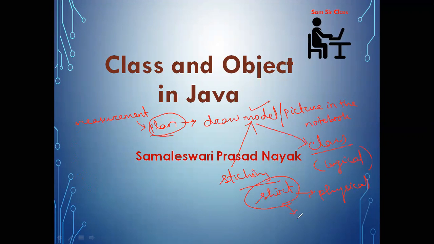That particular shirt you are wearing is actually the object. Clear? So initially the plan or model designed in the notebook is known as your class. But whenever, on the basis of that model or the measurement, the original shirt has been stitched and you are wearing it, you can say it's an object.